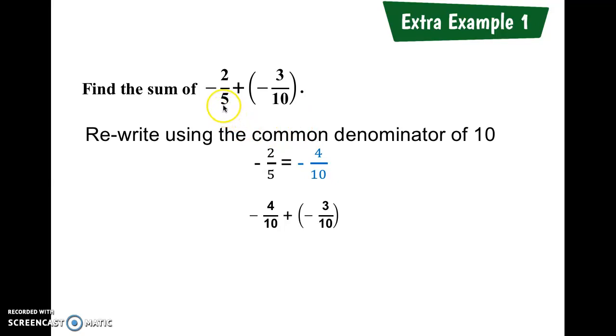My first step is to find a common denominator for 5 and 10. That, of course, is going to be 10. So 2/5, I'm going to have to double this. 5 times 2 is 10. 2 times 2 is 4. Of course, keeping that negative, we're not changing that. And then we simply have to add our numerators together. So negative 4/10 plus negative 3/10 we get a total of -7/10.